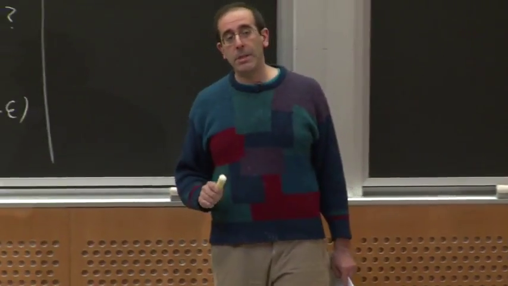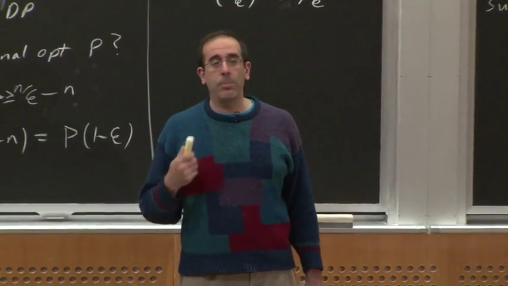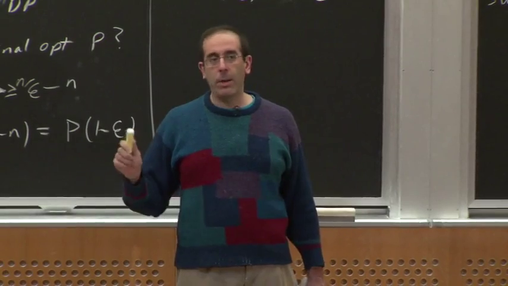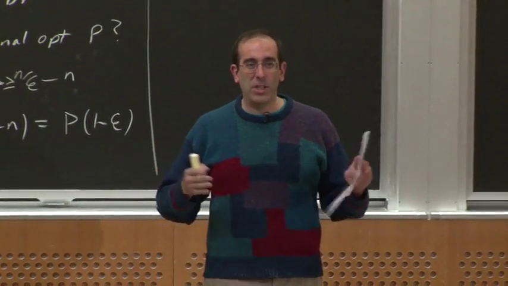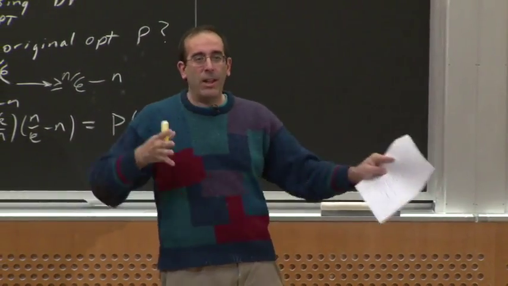Is this true only for Knapsack? No, so this is the point. I'm giving the example for Knapsack, but you can prove this quite generically. The only hard part about proving it generically is defining what you mean by a generic problem with a fully polynomial approximation scheme. You just need to talk about what is an instance, what is a solution, what is a value of a solution.